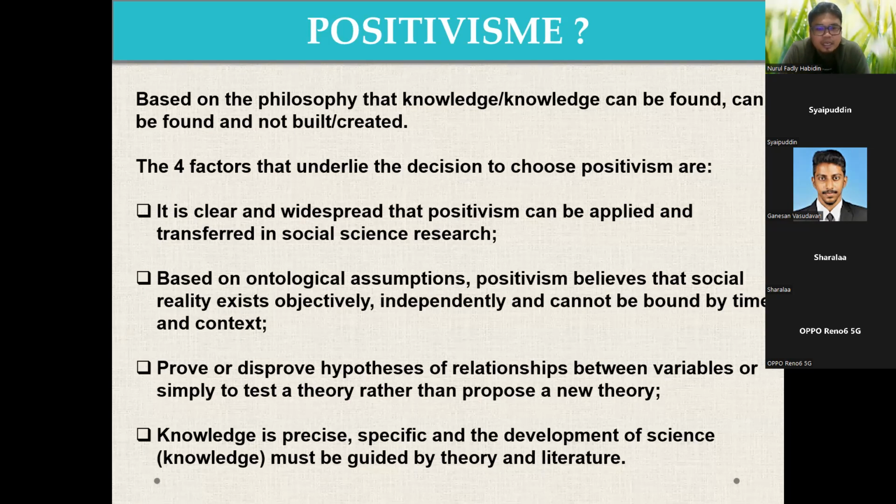It is clear that positivism can be applied and transferred to social science research. If you use positivism, no problem, because we are in the field of social science. Based on the ontological assumption, positivism believes that social reality exists objectively, independently, and cannot be bound by time and context. Proof and disproof of hypothesis or relationship.